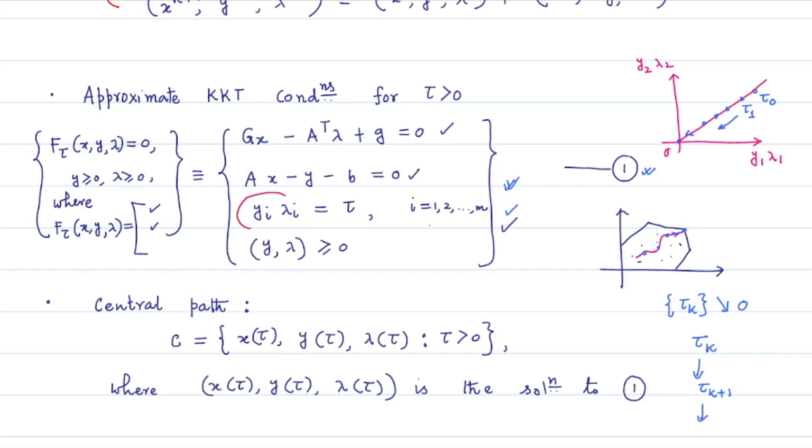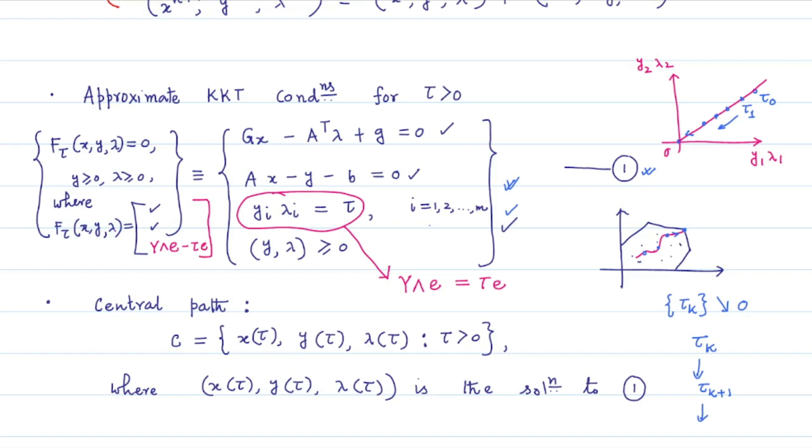We notice that these equations can be written as capital Y capital Lambda E equal to tau E, where as usual capital Y is the diagonal matrix having diagonal entries y1, y2, y3 till ym, and similarly for lambda. So here the third component of F tau gets the expression Y Lambda E minus tau E. This is your F tau function.